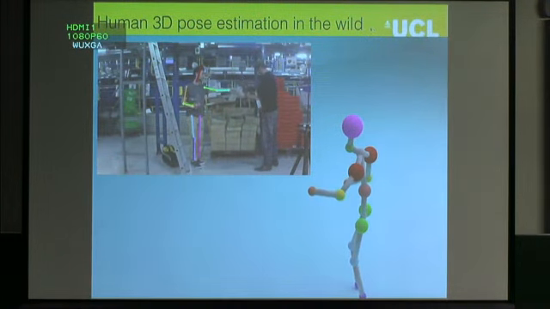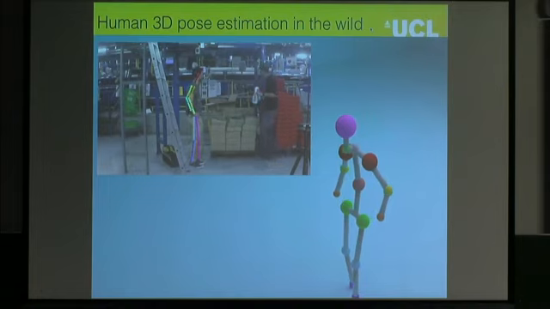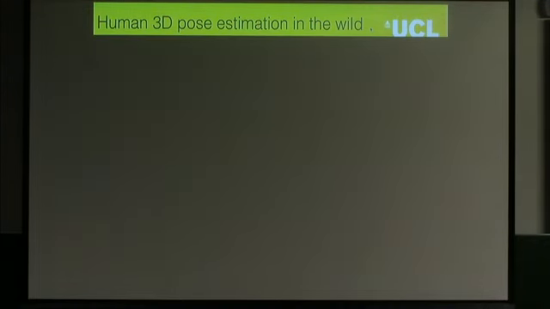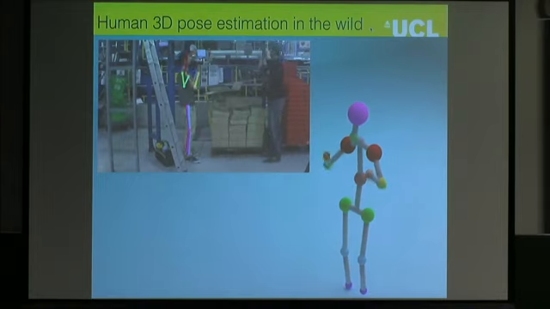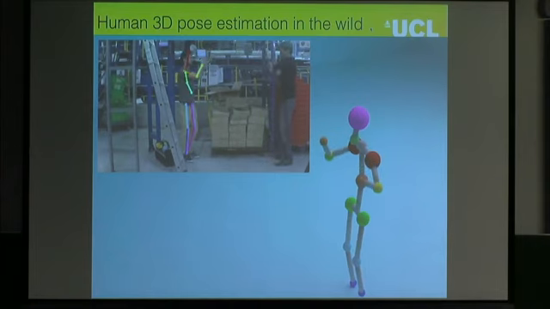It's difficult to work with because these people are wearing very dark clothes, so they're difficult to detect. In this case, we did actually apply some temporal smoothness constraints, and we can reconstruct the pose quite nicely.